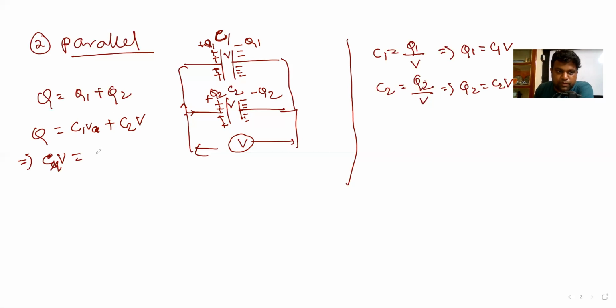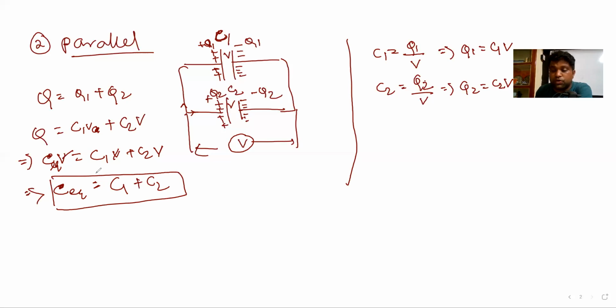So CV equals C1V plus C2V. Now C equivalent will be this, all the V will cancel, C1 plus C2.